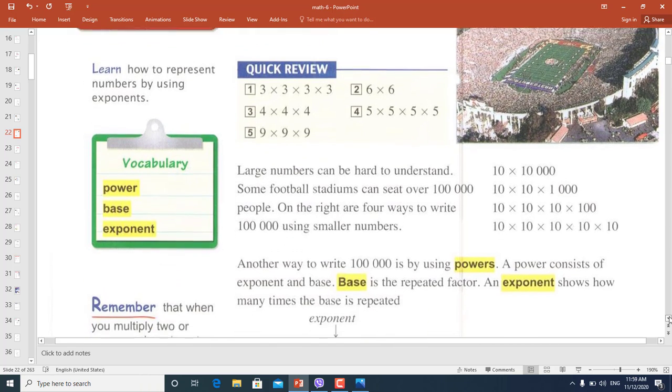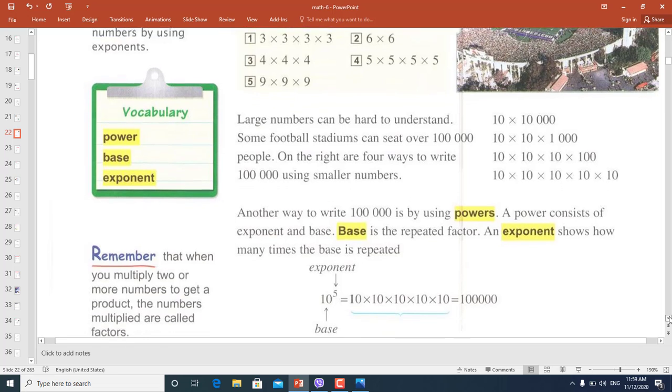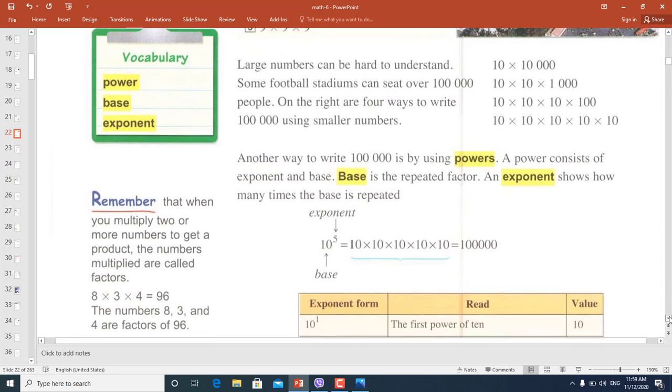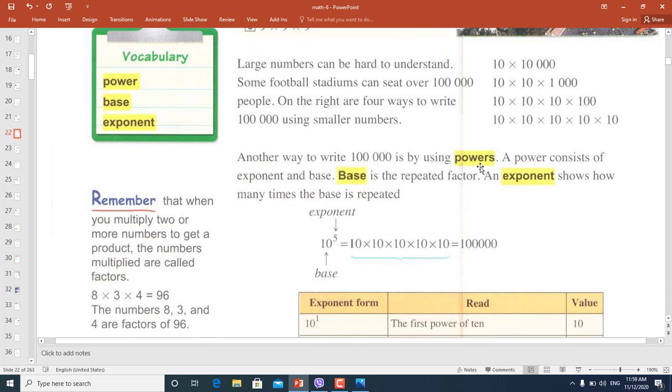We studied factors in grade 4. We said that when you multiply two or more numbers to get a product, these numbers are factors of the number we have. Another way to write 100,000 is by using a power.